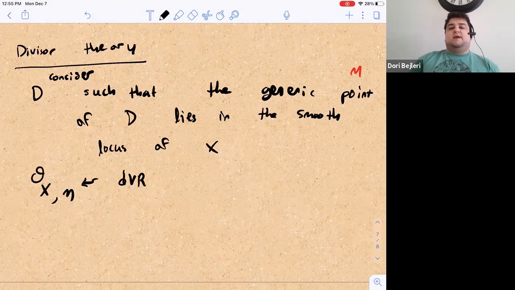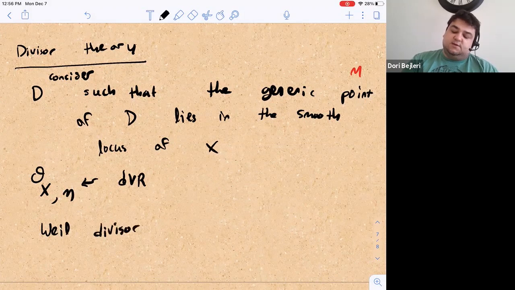If we don't have that, then we basically can't do anything. So now we can talk about Weil divisors as formal linear combinations of such prime divisors, and we can talk about linear equivalence in the same way as in the normal case, as long as we stick to considering only these types of divisors.